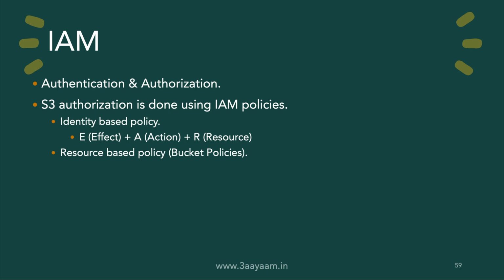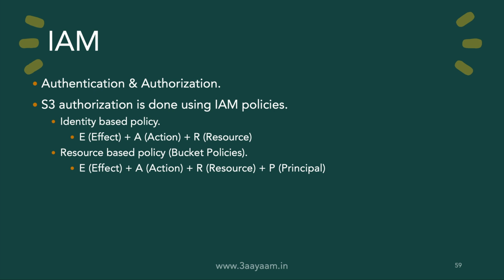Then we have resource-based policy, and this is also called bucket policies in S3. Now this is the opposite, and the policy is attached to the resource rather than to the user. And in the policy we mention the resource and the user who can access this resource. So instead of just effect, action, resource, we mention effect, action, resource followed by principal.